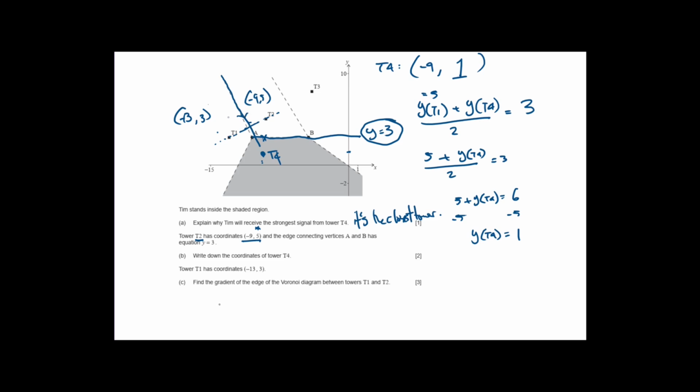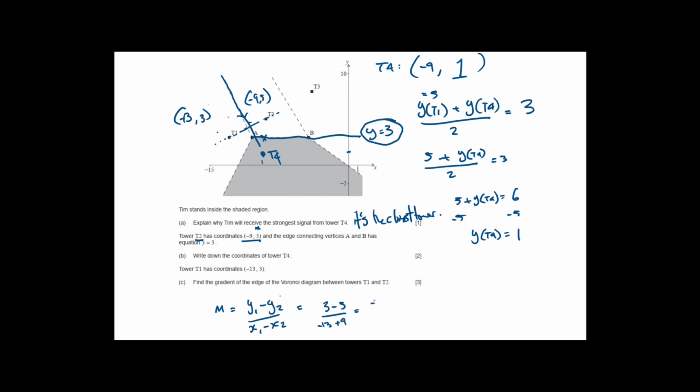So the gradient between M1 and M2, we'll call it m. And if we remember the formula, y1, let's call T1, is 3 minus 5 over, and the other one is minus 13 minus a minus 9, which is plus 9.